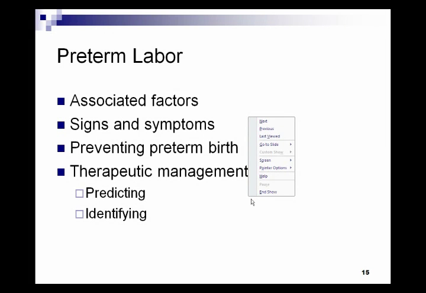During pregnancy, we want to make sure that they get good and early prenatal care. We want to assess for risk factors. And we want to teach every patient signs of labor or preterm labor so they have early intervention.